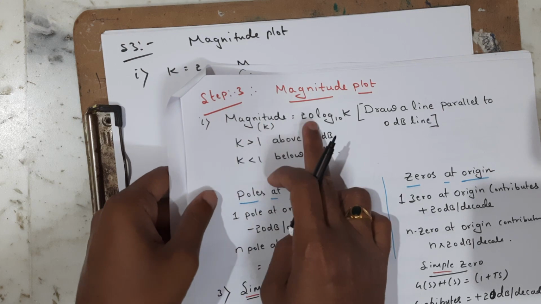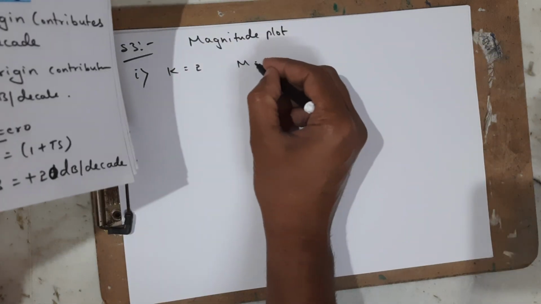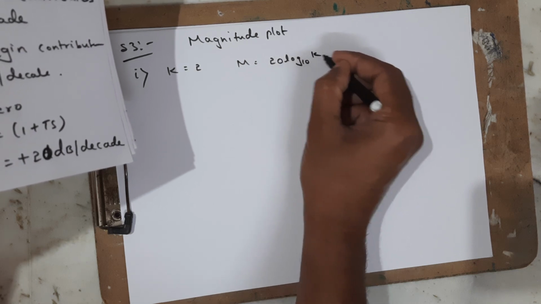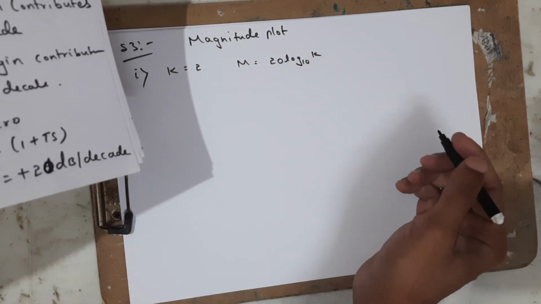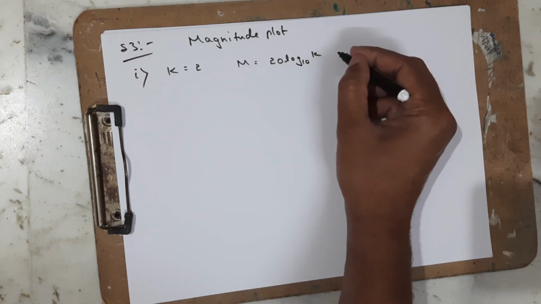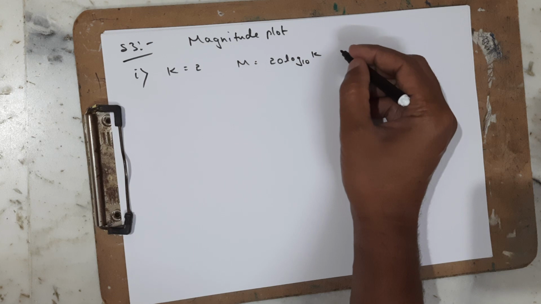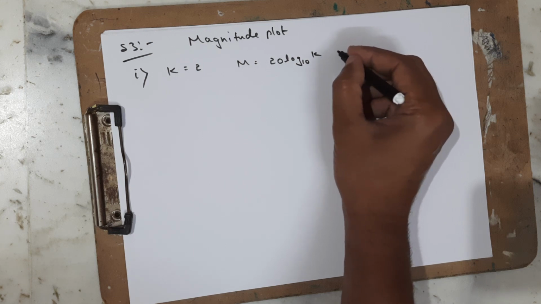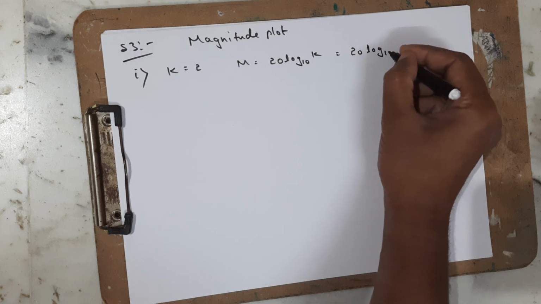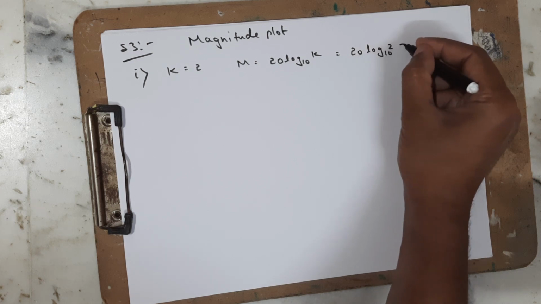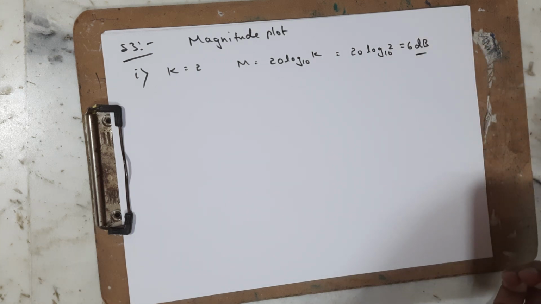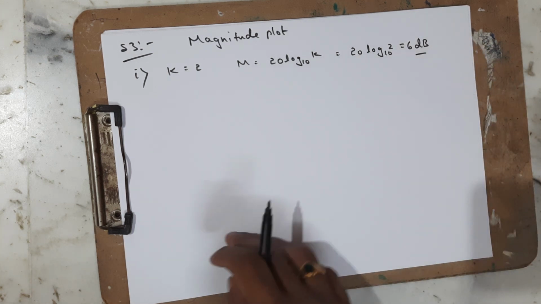Magnitude is given as 20 log 10 to the base 10 k. Okay, so we are going to substitute k is equal to 2 and find out the factors. So 20 log 2 to the base 10. So this we got 6 dB, 6 decibels. Magnitude is equal to 6 dB.